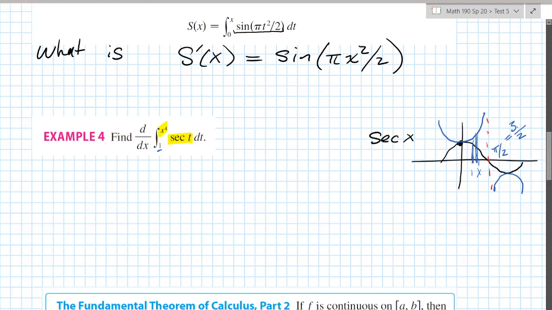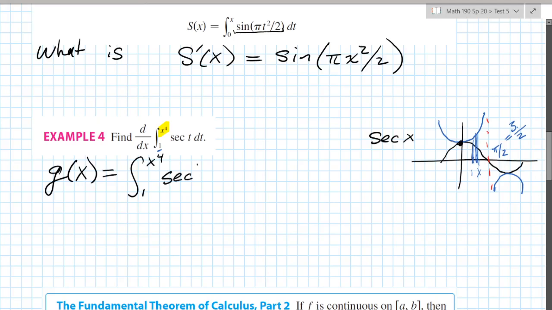What about the top? Hey, that's supposed to be x, not x to the 4th. So what we need to do when we find the derivative, so we're going to call g of x equal to the integral from 1 to x to the 4th of the secant of t dt. What we're going to do to take care of that is we're going to have to do the chain rule. So what's the chain rule say?